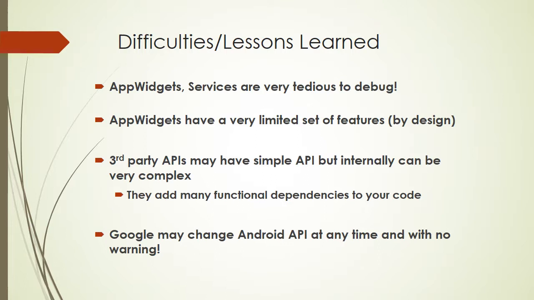The other thing I found is that Google can change the Android API at any time and not tell you. Whereas before you could just schedule an alarm to do periodic events, you can't do that anymore because Google has made those alarms very imprecise, or inexact is what they say. So they're only accurate to within maybe 5 or 10 minutes, depending on your phone.